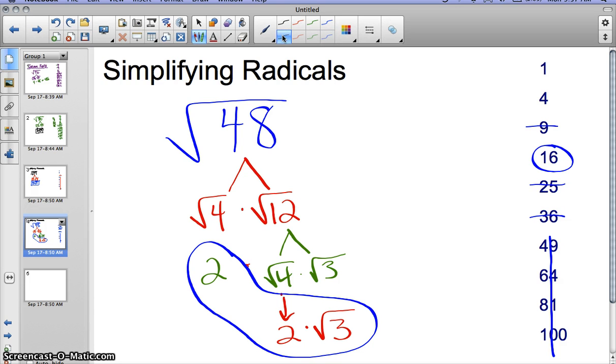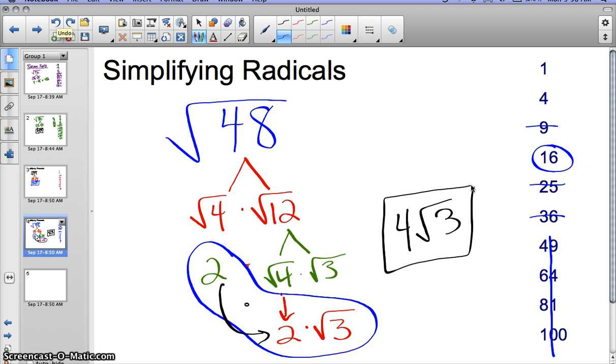So, we need to multiply these together. So, we have 2 times 2, which gives us... Whoa, crazy board today. Alright, try again. So, 2 times 2 gives us our 4, and we still have our square root of 3. Therefore, 4 square roots of 3 is our answer.